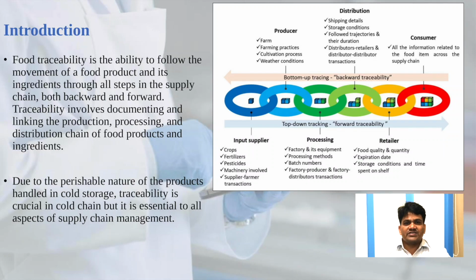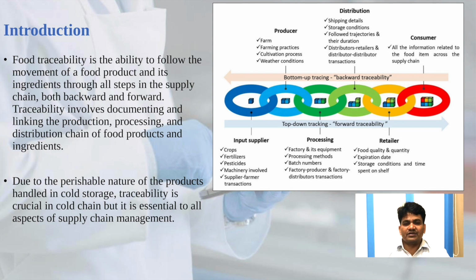Now let us try to understand the meaning of the terms involved in this module. Food traceability is the ability to follow the movement of a product and its ingredients through all steps in the supply chain, both backward and forward, which we have discussed just before.